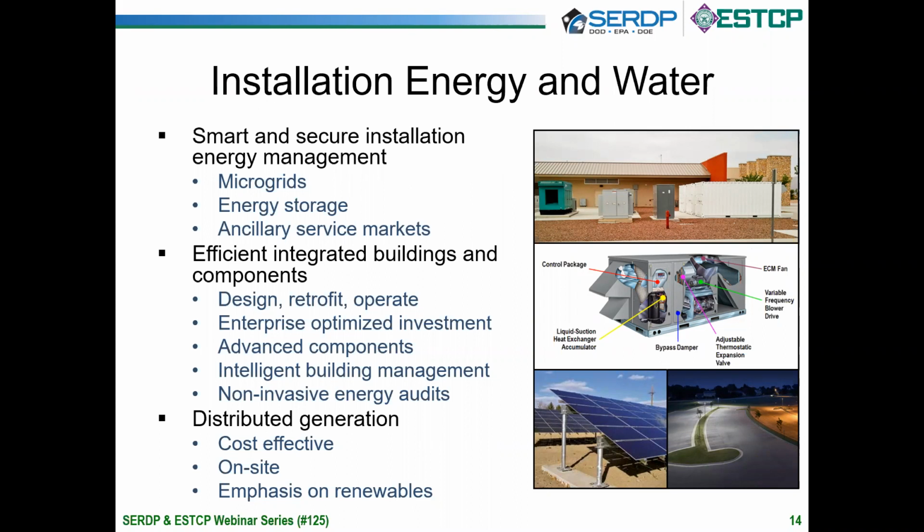Our webinar today is focused on research and demonstration conducted under the Installation, Energy, and Water program area. The Installation, Energy, and Water program area is essentially 3 main areas of research: smart, secure installation energy management, efficient integrated buildings, components, and distributed generation.